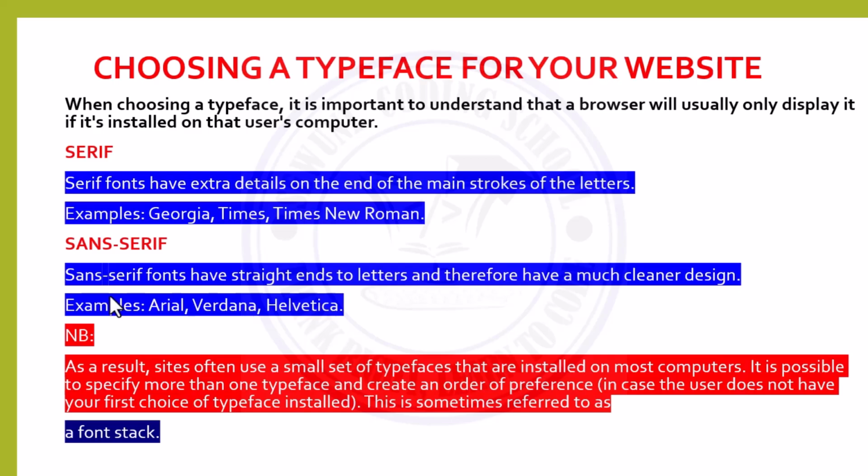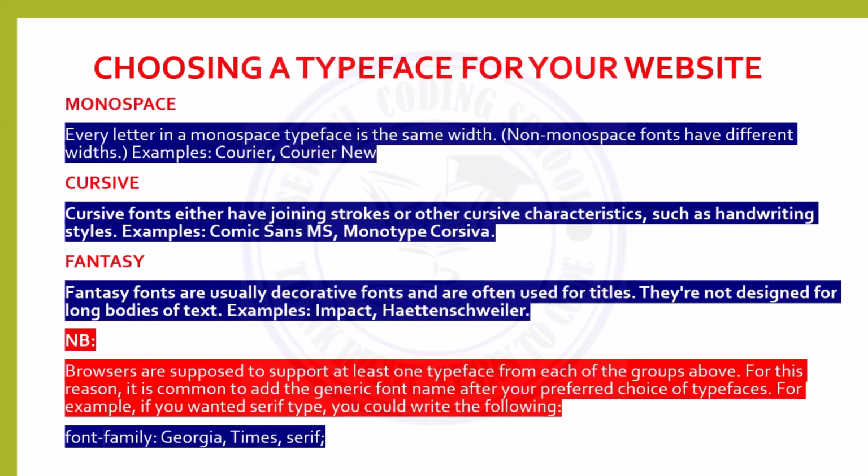Let's say Times New Roman. What if the device really does not have Times New Roman? It should fall on Verdana. If it doesn't have Verdana, it should fall on Arial. If it doesn't have Arial, it should fall on Georgia. That is how you create a website so that you are able to serve a good majority of users.